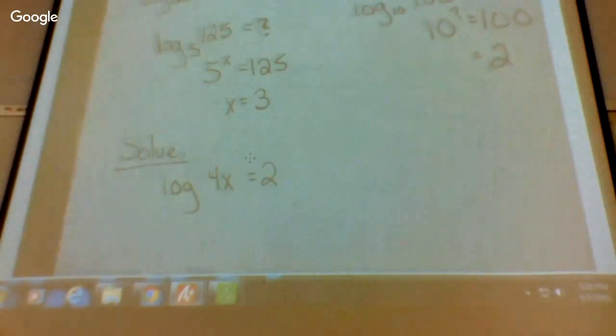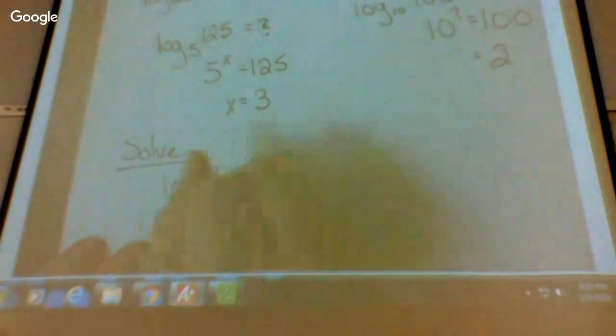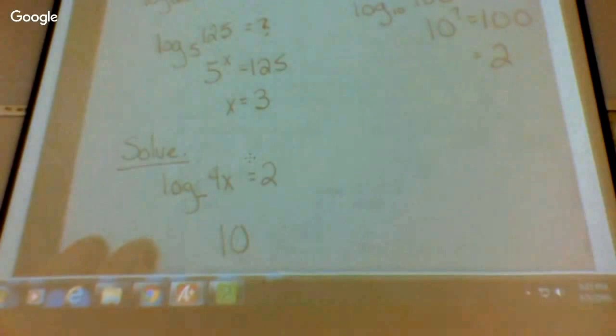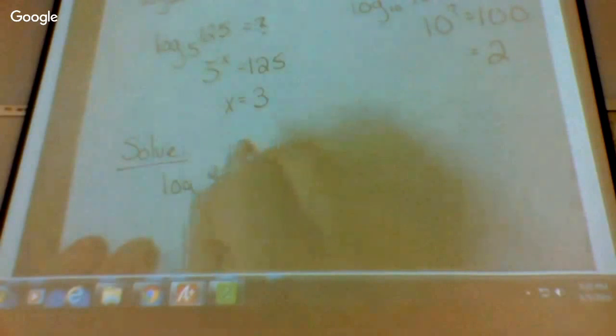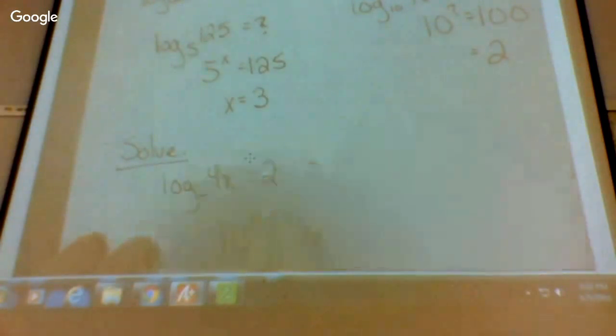Okay, that's a slightly more complicated problem than what we had originally, but by switching it to exponential form, it's really not that hard. What is the base? If there's nothing there, it is 10 raised to the power of 2, very good, equals 4x.